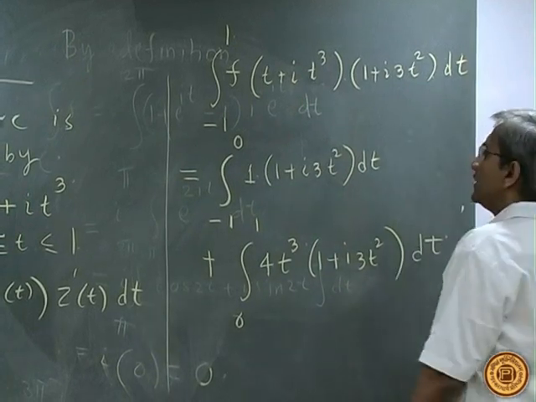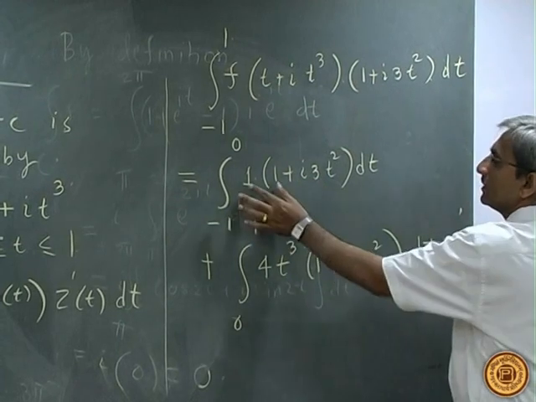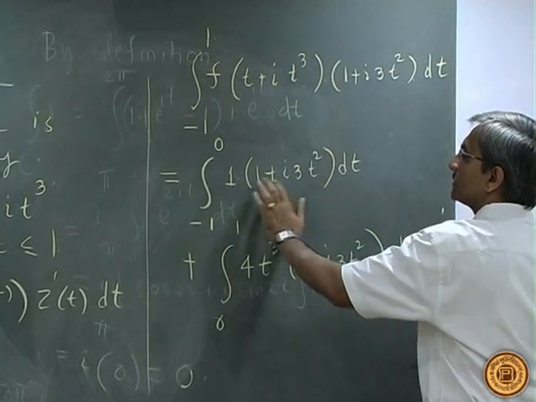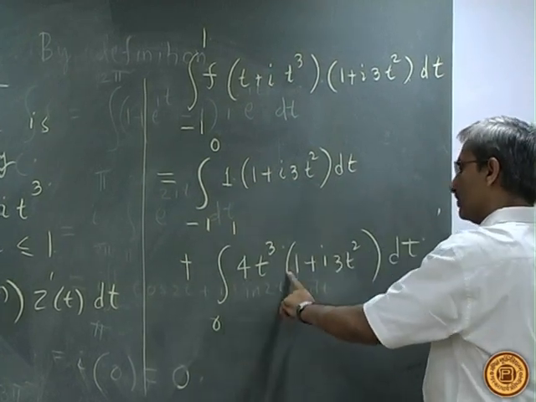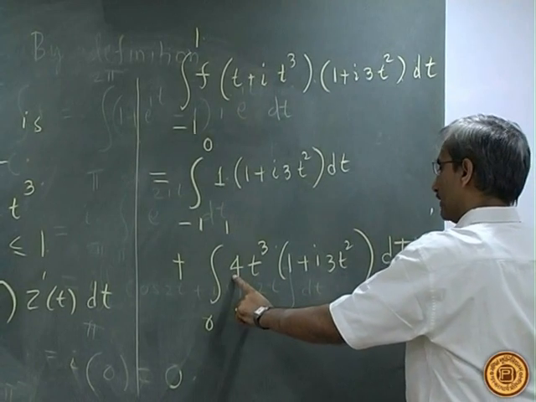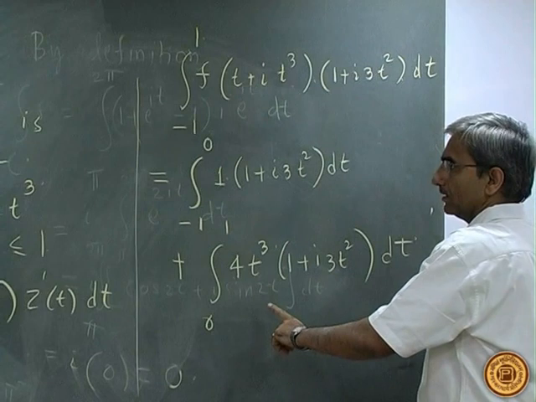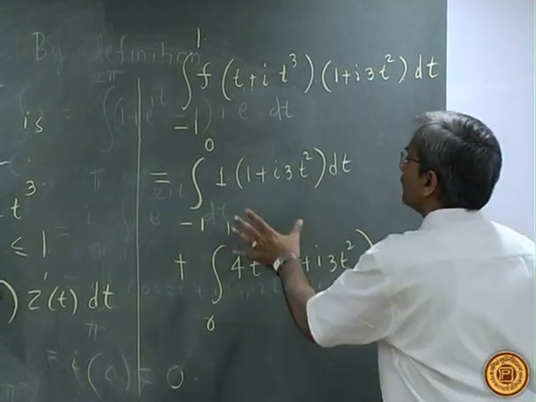Now it is easy because you separate this into real and imaginary parts, that is 1 plus I times 3t square, integrate both. Similarly 4t cube and I times 12t raised to 5, separately integrate. So you want to complete this problem? Do this.